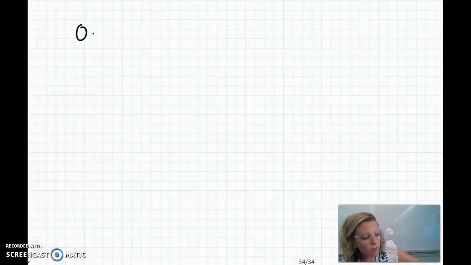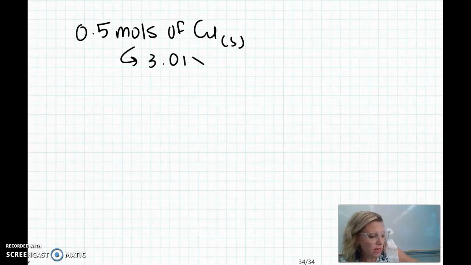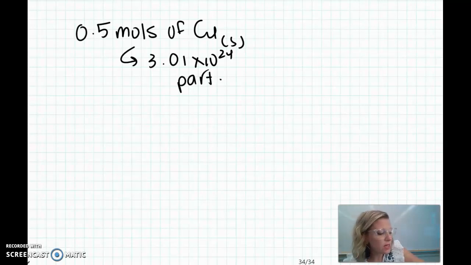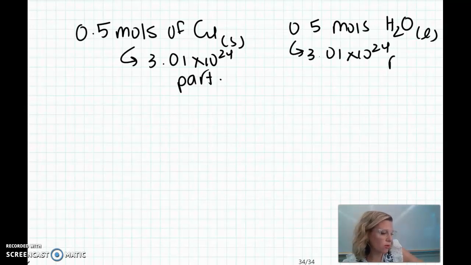So 0.5 moles of copper is 3.01 times 10 to the 24th particles. 0.5 moles of water is the same thing, 3.01 times 10 to the 24th particles.